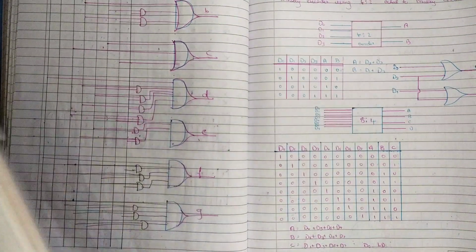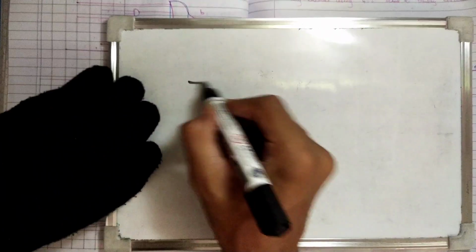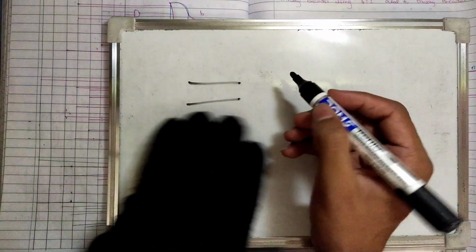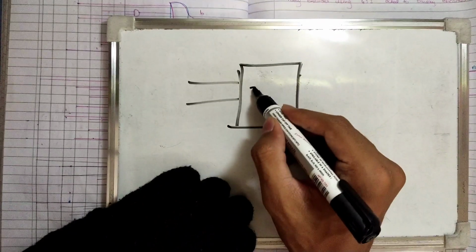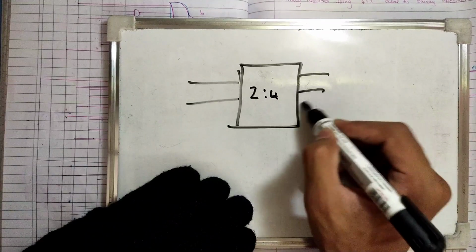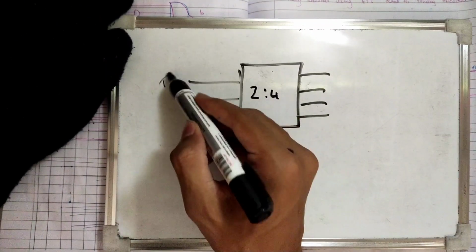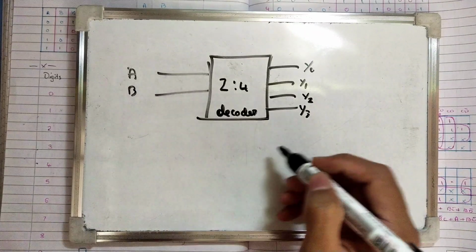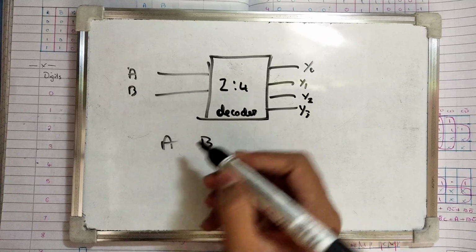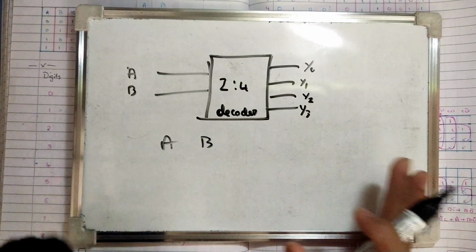Now same thing, these places will be replaced here. Now suppose let me take an example of this. If you have 2:4, you will have 2 inputs, and here 4 outputs you will have. Suppose that is A and B. So for this how will your truth table be? See here A B. Again you have to write the same truth table of the encoder.